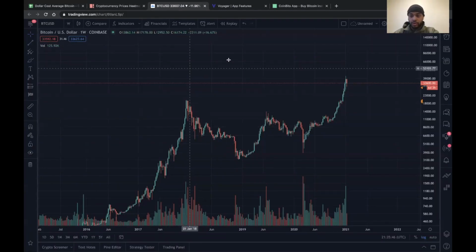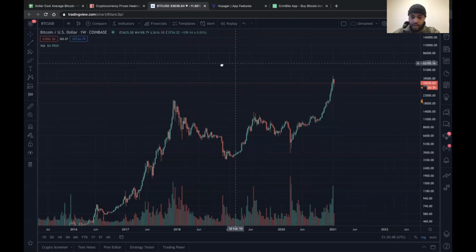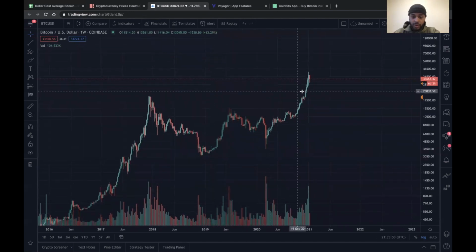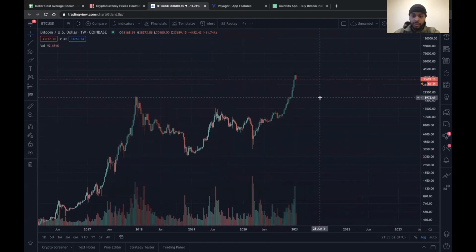So the other thing, when you look at this, this is zoomed out to a weekly. As bad as things look right now, from a numbers perspective, dropping from I think 42, 43,000 to 30,000, it's not really that big of a deal.